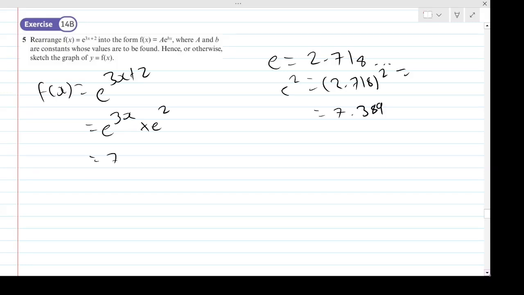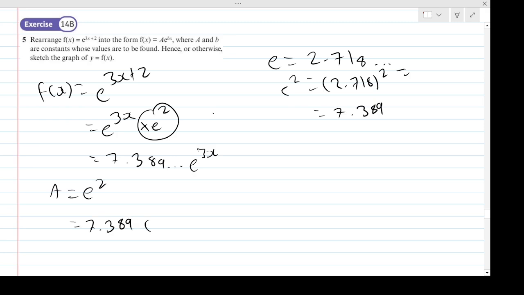So that would be 7.389 e to the 3x. Obviously it's an ongoing decimal. So it is in this form here, okay? So a is technically e squared, but this is 7.389, let's say to 3 decimal places.